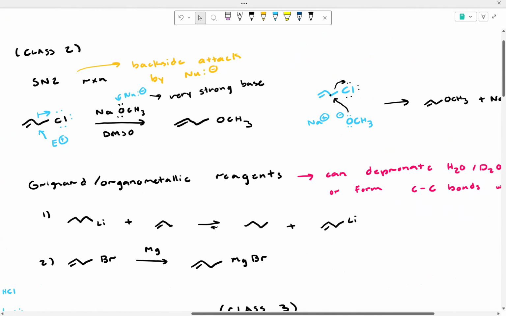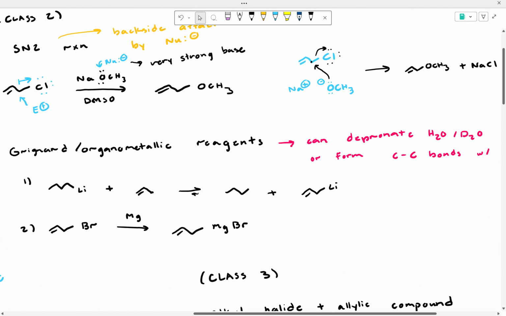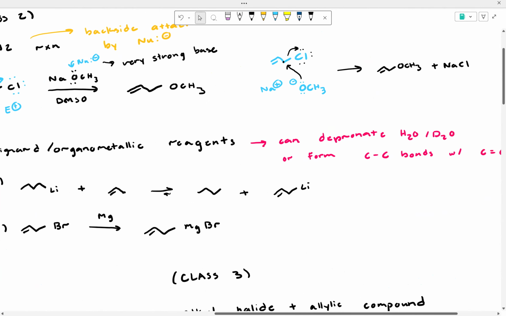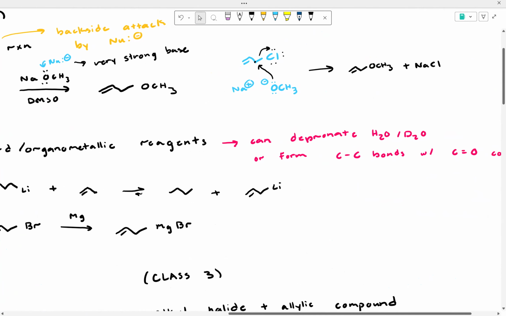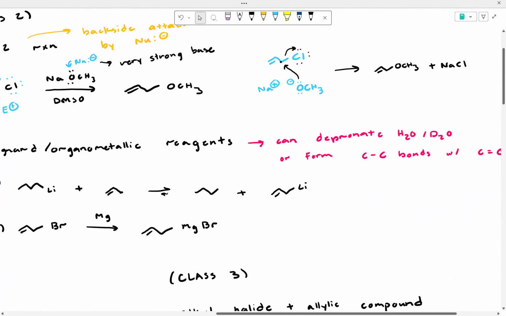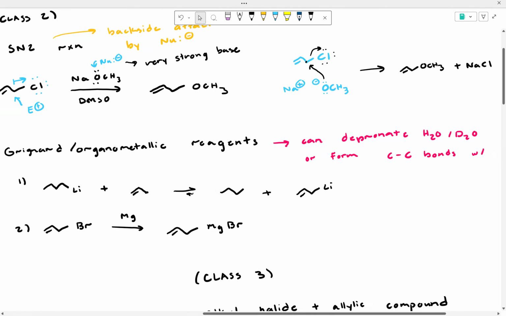Next, we have Grignard reaction reagents, and these can deprotonate H2O, D2O, or form carbon-carbon bonds when reacting with a carbonyl compound. So we know how this goes.